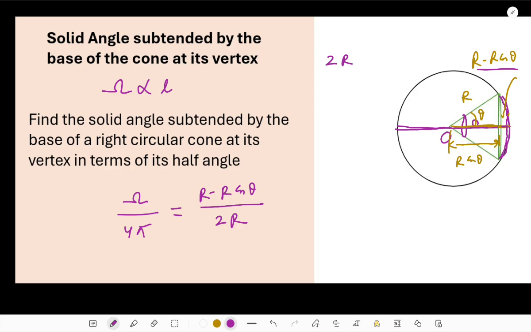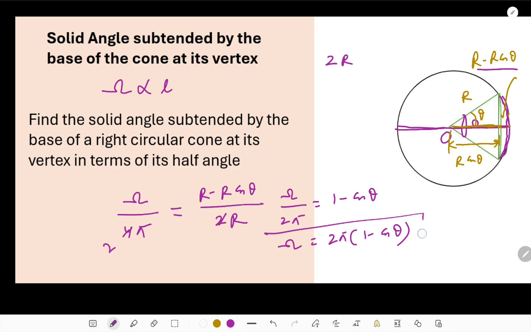Kindly pay attention and you can solve many problems related to this concept pretty easily. And this can be written as simply (1 minus cos theta) by 2, or in fact I would like to write this relation simply as sigma by 2 pi, because the 2 gets cancelled out from here, equals 1 minus cos theta, and the solid angle subtended by the base of the cone will be 2 pi (1 minus cos theta).